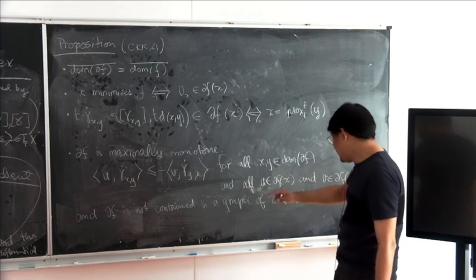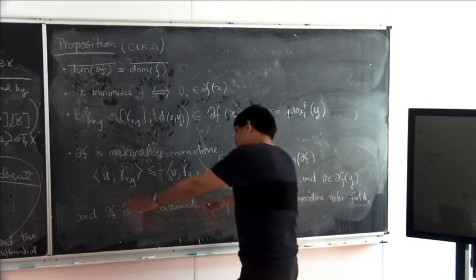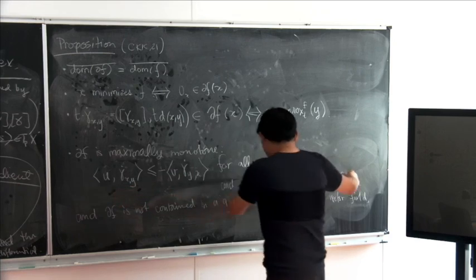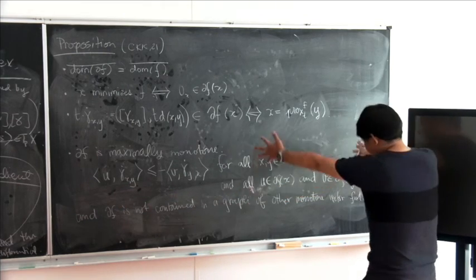So monotone vector field, monotone means satisfying this inequality for every x, y, u, v like this.